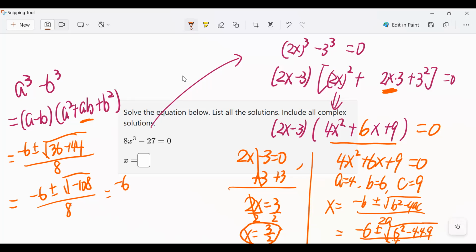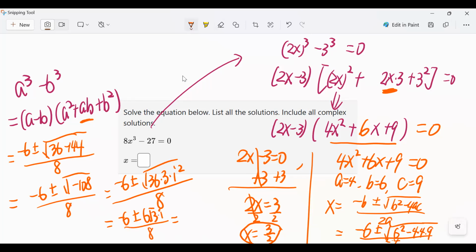So this is negative 6 plus or minus the square root of 36 times 3 times i squared over 8. And moving further, that will be minus 6 plus or minus 6 radical 3 i over 8.